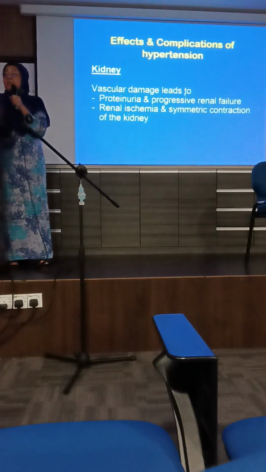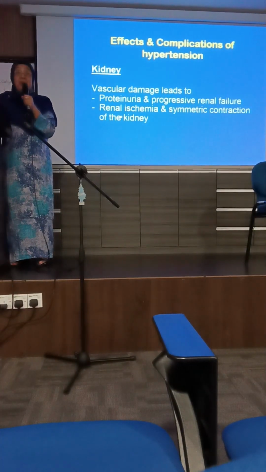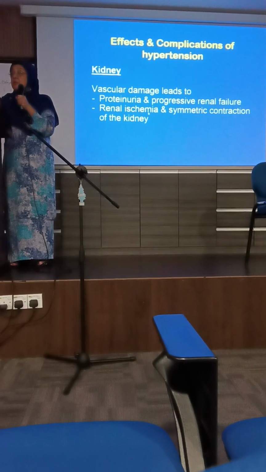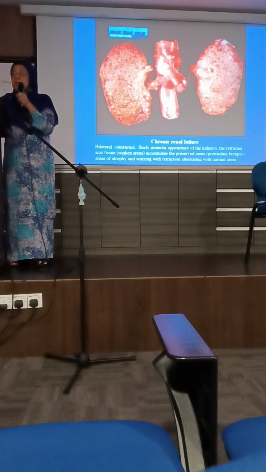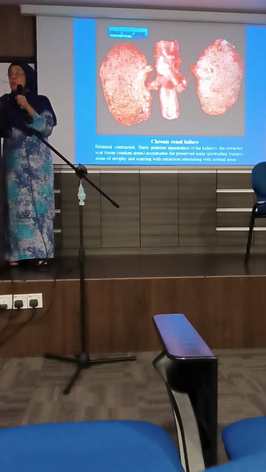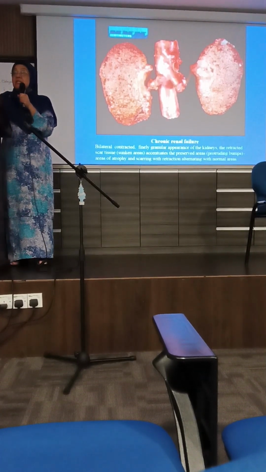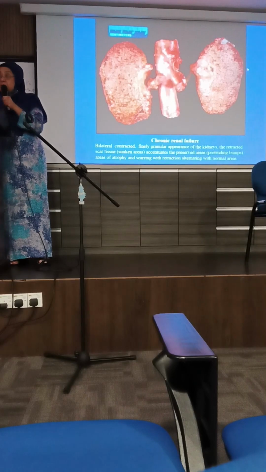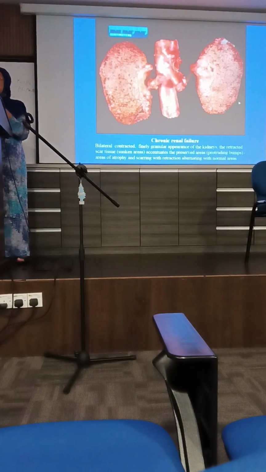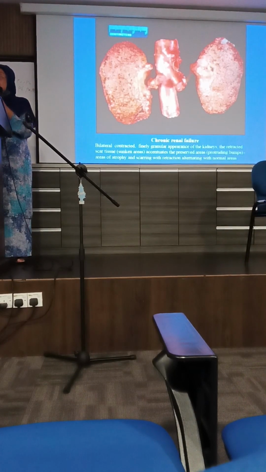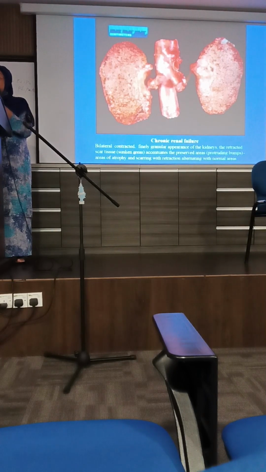So basically because of the changes that we see just now, ischemia, this is what it looks like. Contracted kidney, but there are some areas. This is a chronic kidney disease secondary to hypertension. Bilaterally contracted, finely granular appearance in the kidneys.